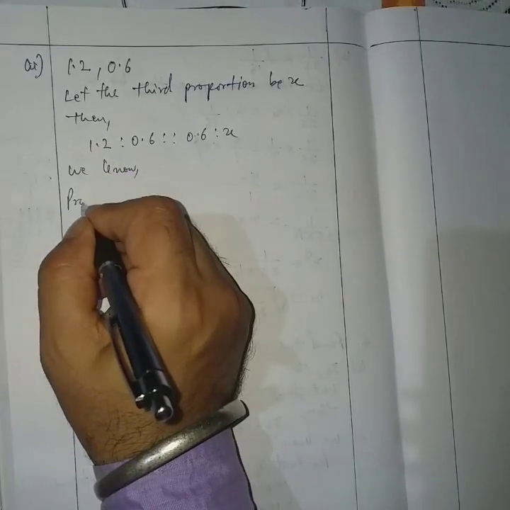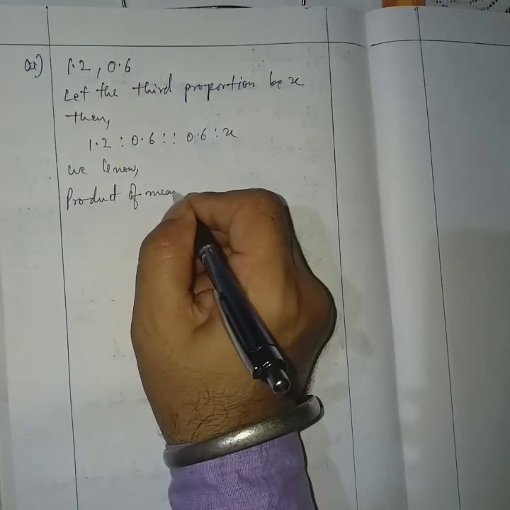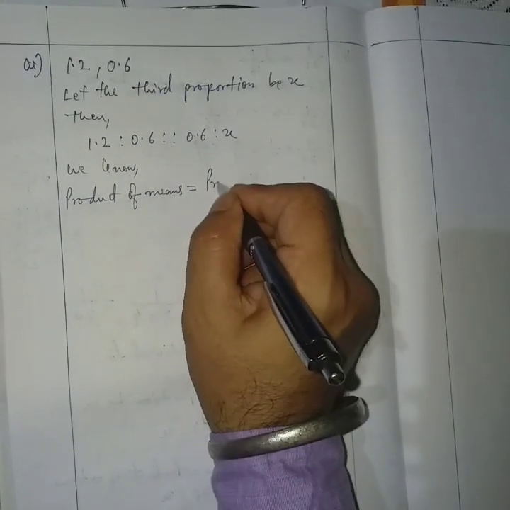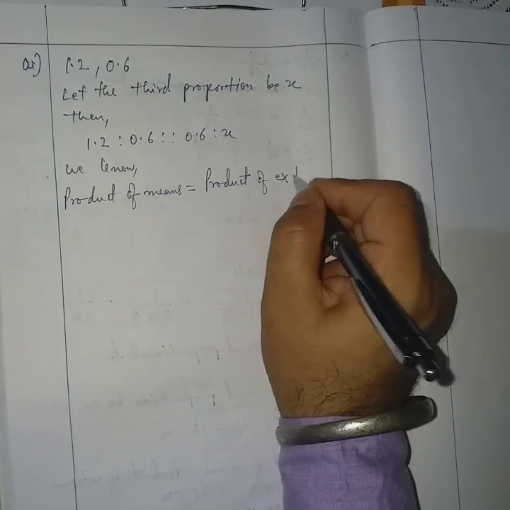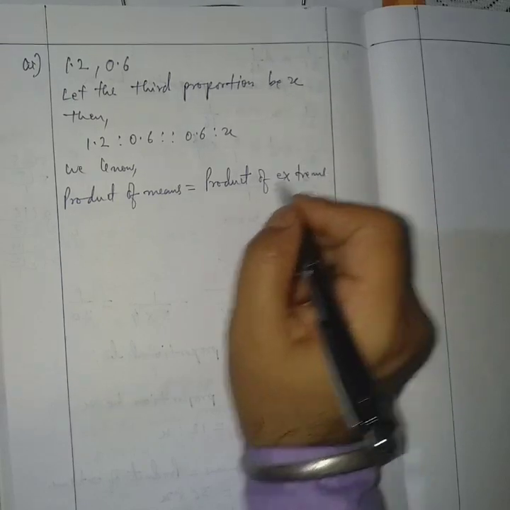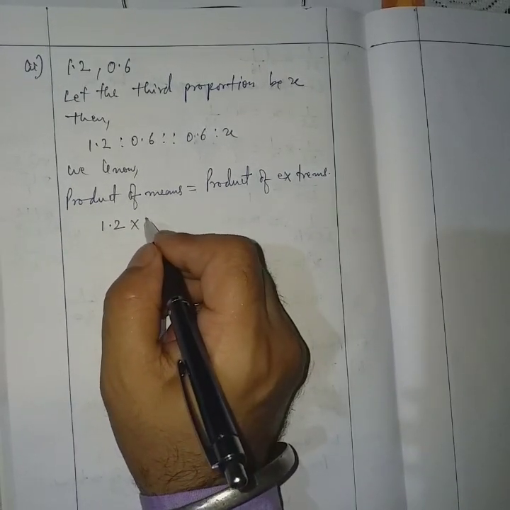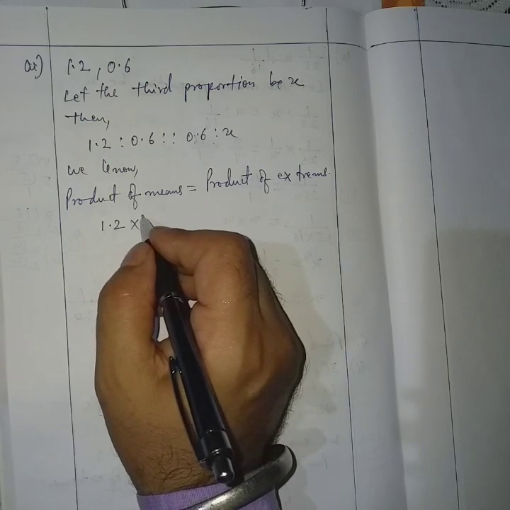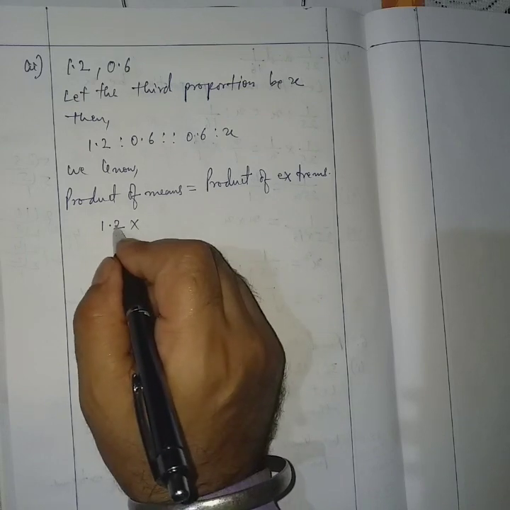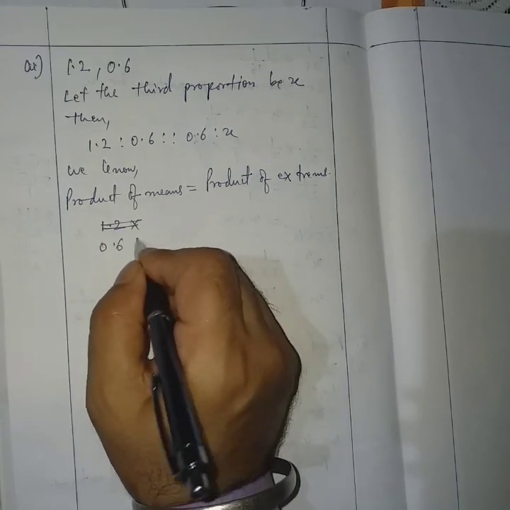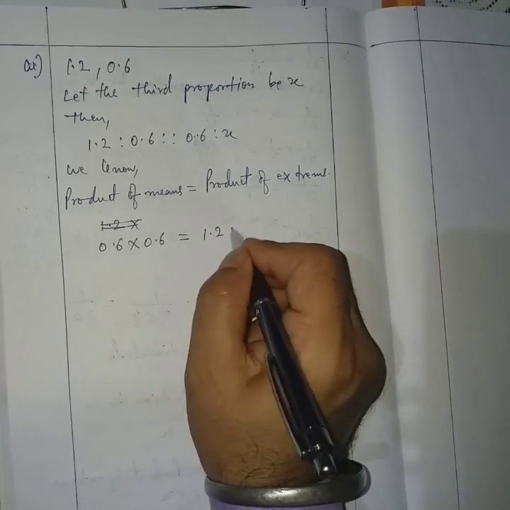Again we know if they are in proportion, the product of means will be equal to the product of extremes. Here are the means, so 0.6 into 0.6 will be equal to 1.2 into x.